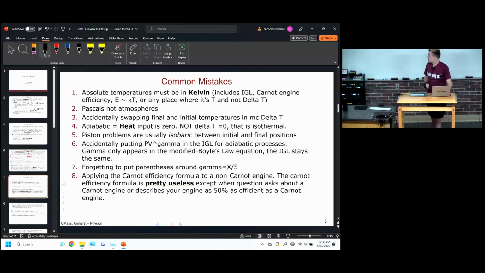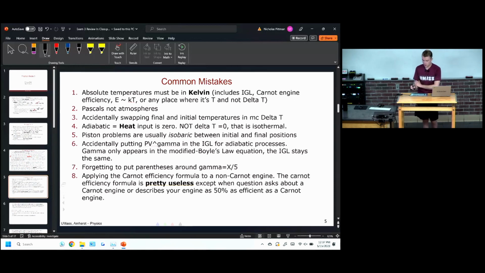Okay, some common mistakes I expect to see. Absolute temperatures must be in kelvins. This includes the ideal gas law, the Carnot engine efficiency formula, the E is 3/2 kT formula. Those all involve just the variable T, the absolute temperature, compared with equations that involve delta T's, such as MC delta T. There you can use Kelvin or Celsius.